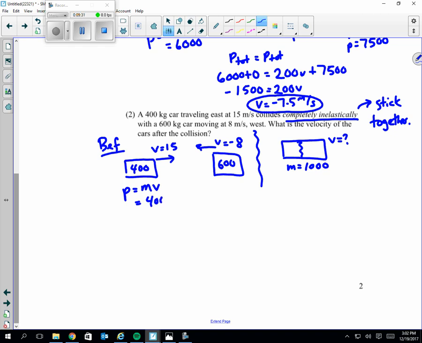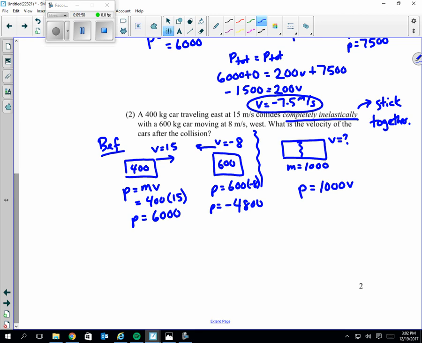So 400 times 15 is 6,000. Here is 600 times 8. And over here, I don't know what v is, but it's going to be the mass of 1,000 times whatever that v is.